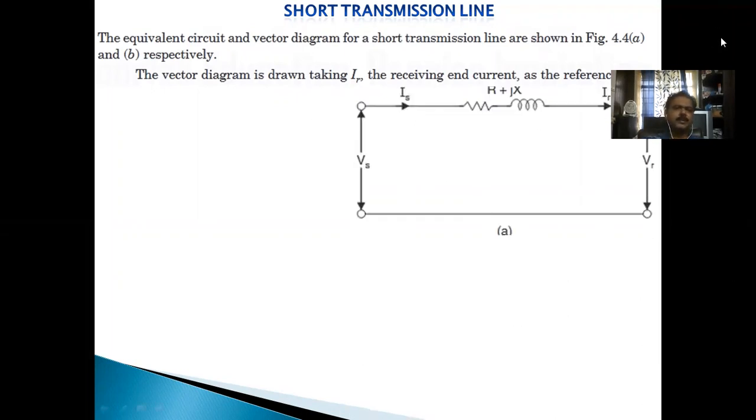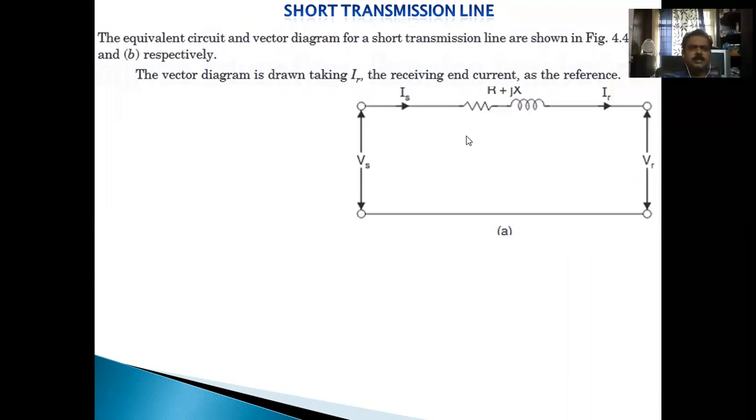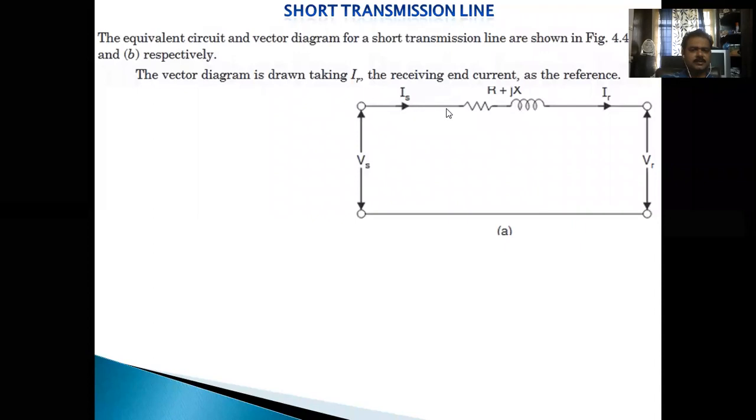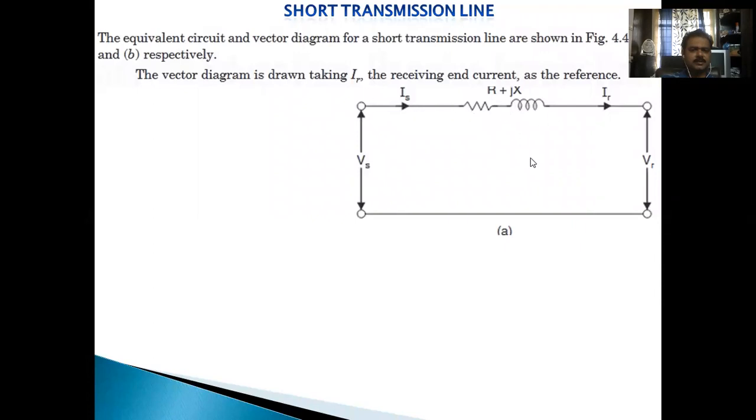So here is the representation. For a short transmission line, we have neglected the shunt elements, so only resistance and inductance are there. The entire three-phase system can be represented by a single phase representation. Here it is the single phase resistance, the entire resistance, also represented using lumped parameters, resistance value and reactance value.